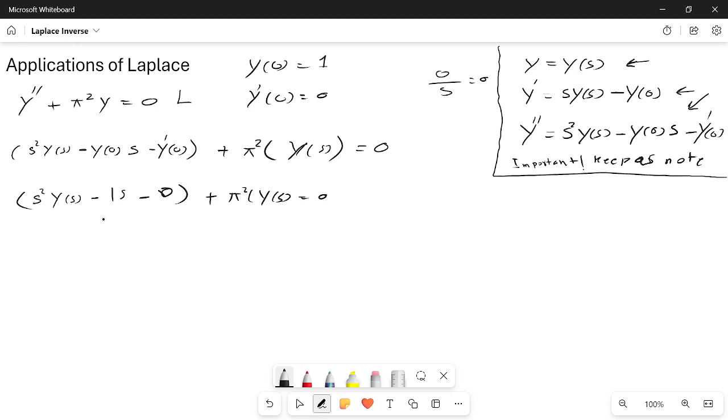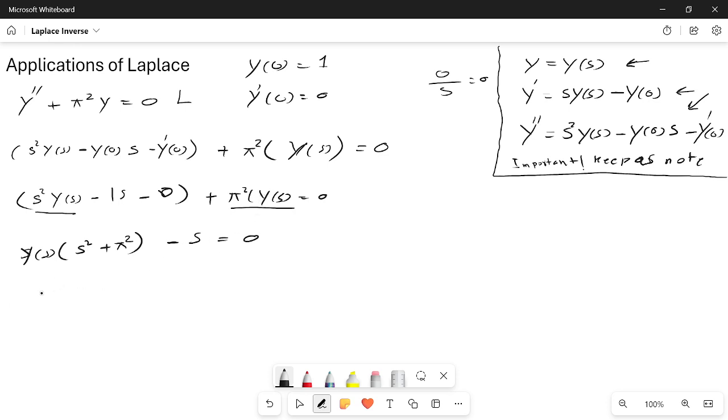Now we group the y of s's together, so we have y of s multiplied by s squared plus pi squared, because both of these terms have y of s multiplied by them, minus s is equal to 0.